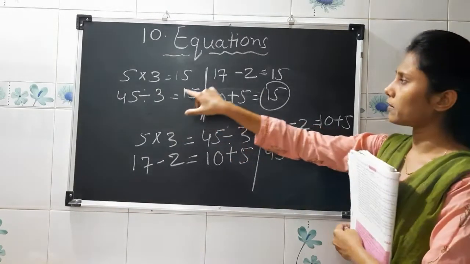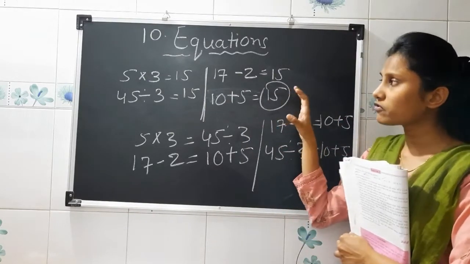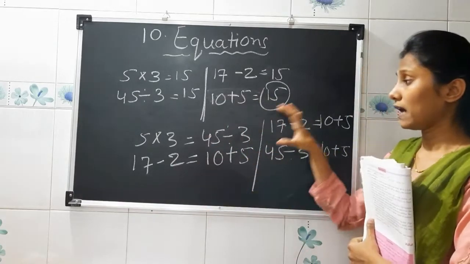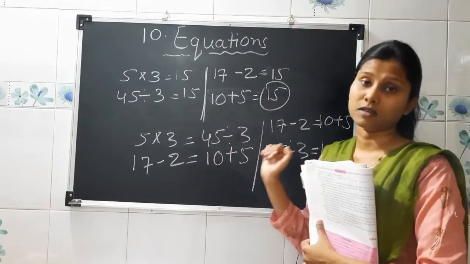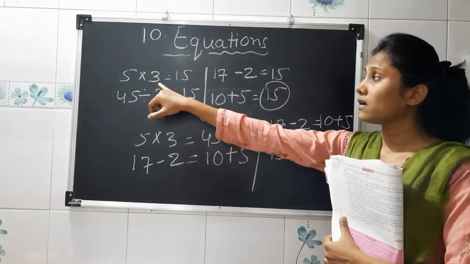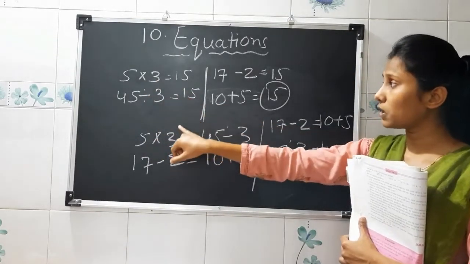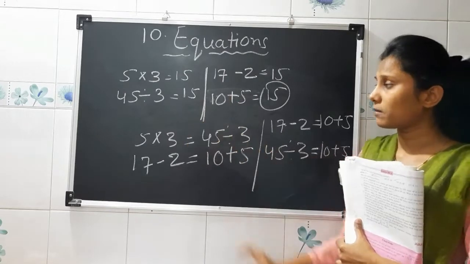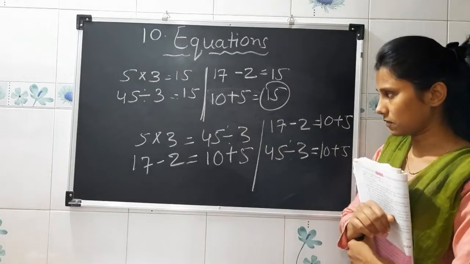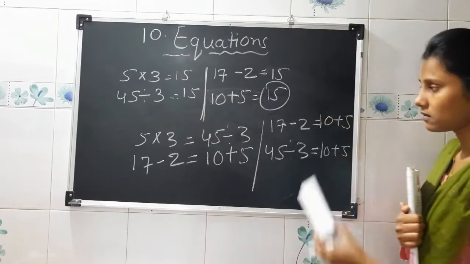Or 45 divided by 3 is equal to 17 minus 2. So they have just used different mathematical operations, but all the expressions give you the same answer, that is 15. That is why we can write it as 5 multiplied by 3 is equal to 45 divided by 3, means both these expressions give you the same answer. That is why we have written them in this form.